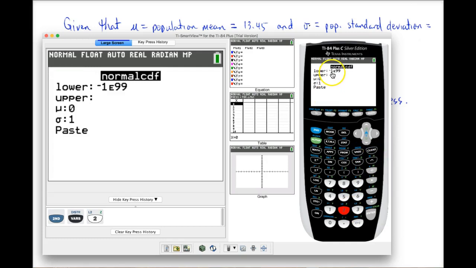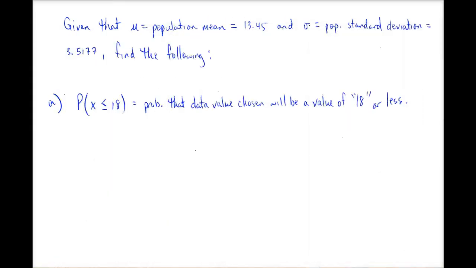And if you notice here, this lower number is -1E99. And what that means is it's the same as -1 times 10 to the 99, which is your calculator's way of saying this is the smallest negative number that I could possibly have. Okay. Now, this particular number here, I'm going to take this away for a second.